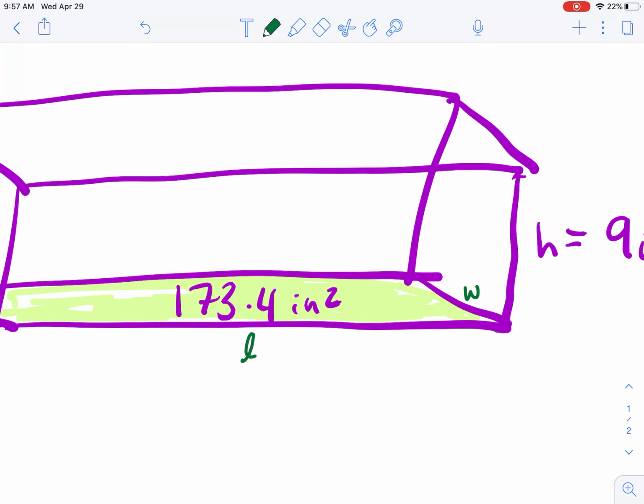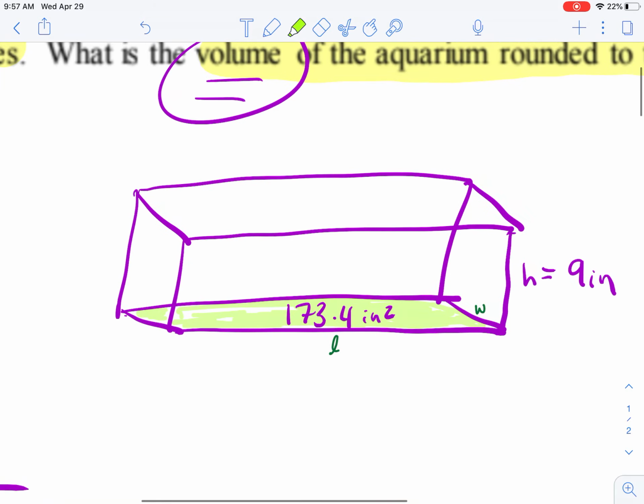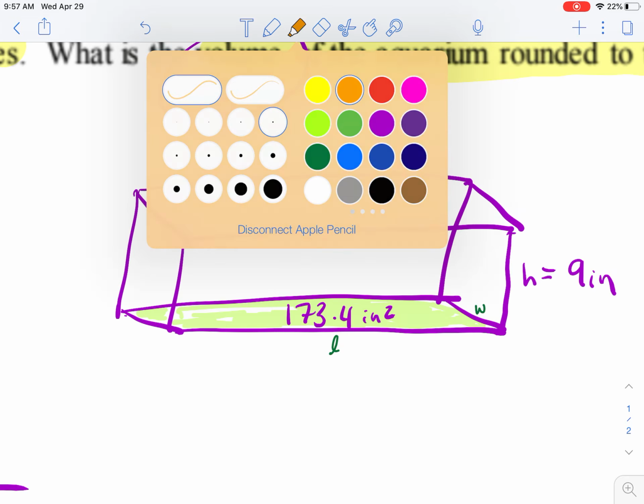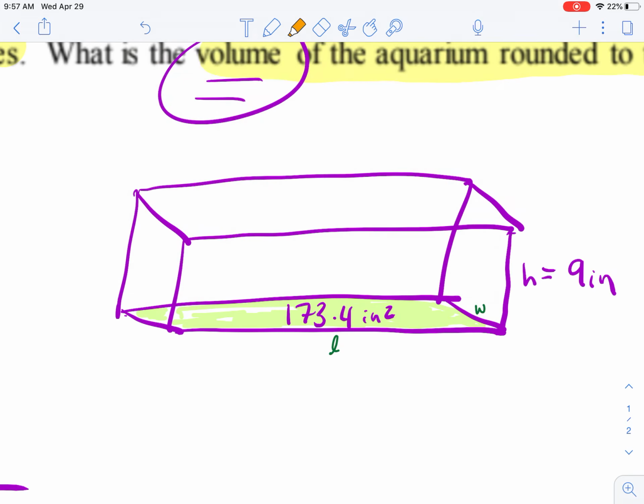Now, when we multiply the length and the width, we end up with the area of the base, which is two-dimensional because it only has 2 dimensions. Okay, but we want to figure out what is the volume of this entire shape.